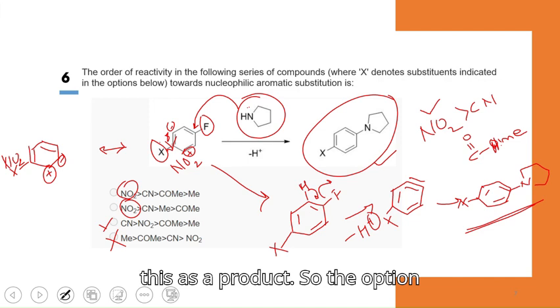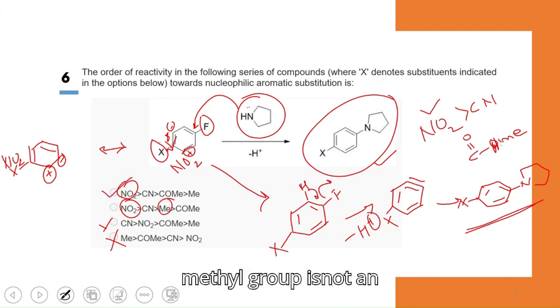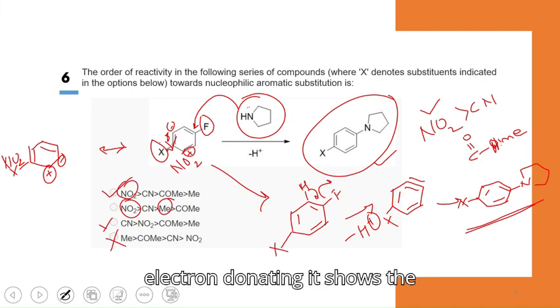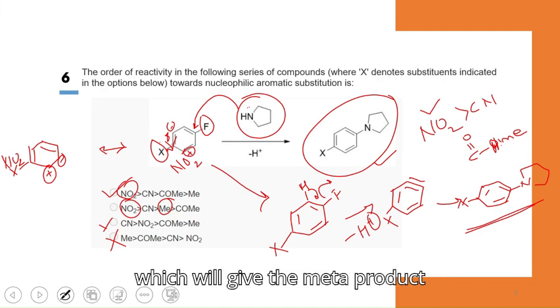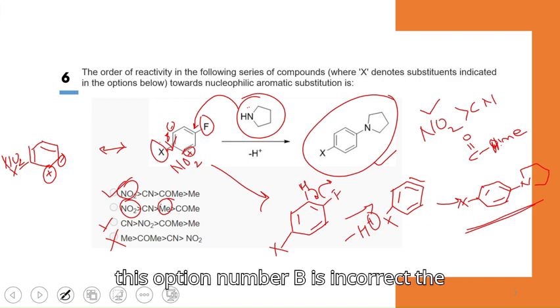So option number A is the correct one, because methyl group is not an electron withdrawing group. It is electron donating, it shows the electron donating ability, which will give the meta product as a major product. So because of this option number B is incorrect.